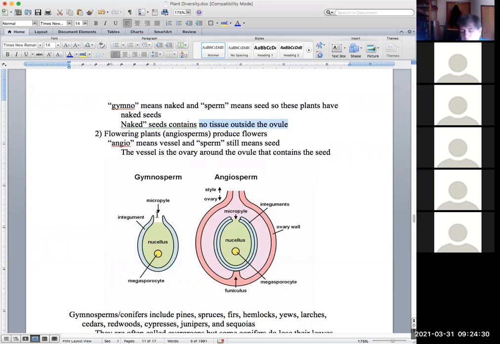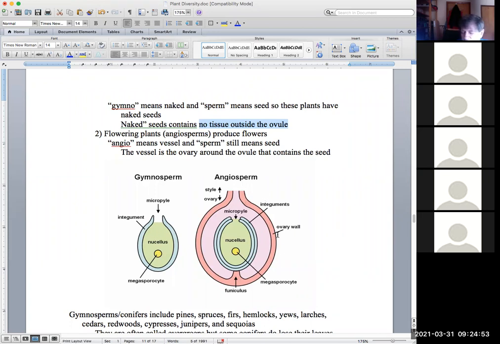Notice that since the pollen doesn't get deposited right next to the egg cell, the pollen actually has to dig something called a pollen tube. And in some flowers, this pollen tube may be several inches from where the pollen is deposited and where the egg is fertilized.